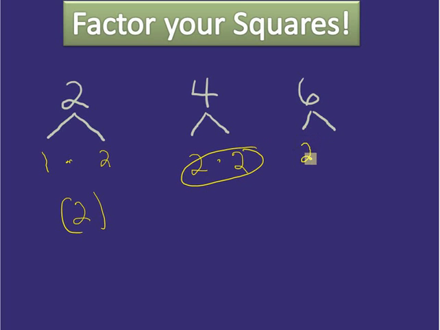For 6, you can do 2 times 3. That doesn't have any numbers that match, which means you cannot square that out. So if 6 was inside a radical and you tried to factor that out, there are no pairs of the same number anywhere, which means it stays inside that radical.